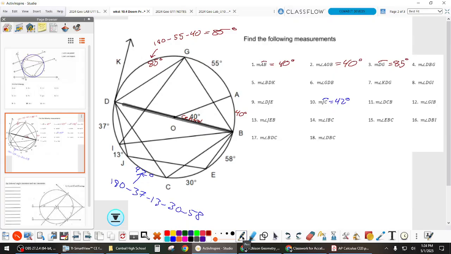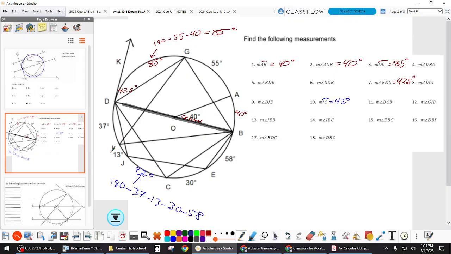KDG or GDK. We'll have to look which one it is. So 42.5 degrees. And I think it's helpful to put that in here. You may never need it again, but you might. It might be helpful to have.